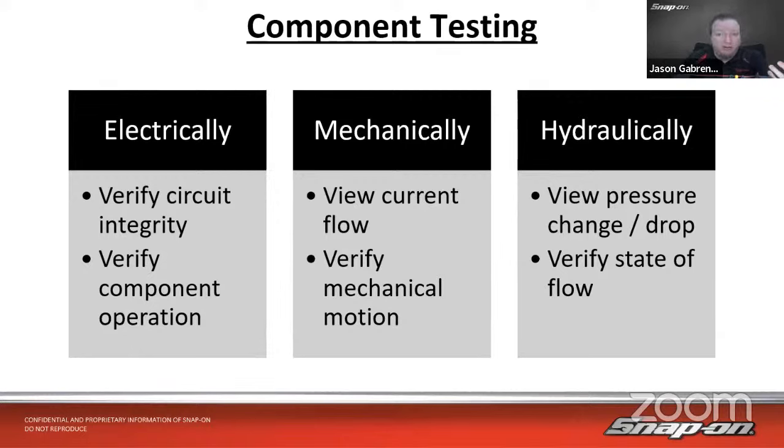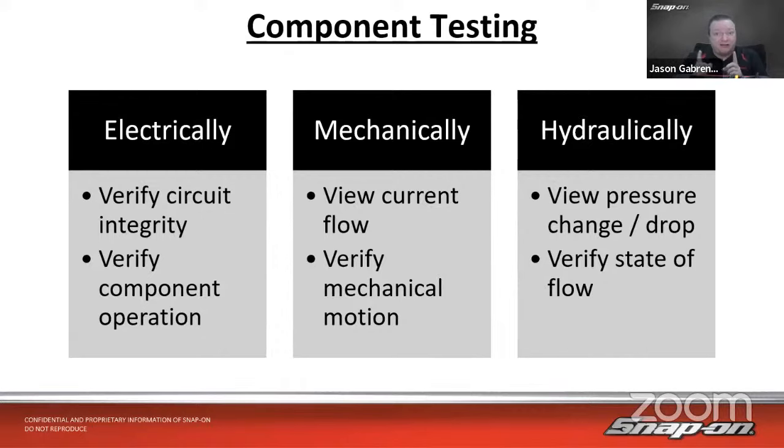And then hydraulically as well, if you use a pressure transducer, you can look at the pressure change and pressure drop. If I have a pressure transducer on one channel and an electrical or mechanical measurement on another channel, I can verify the state of flow.